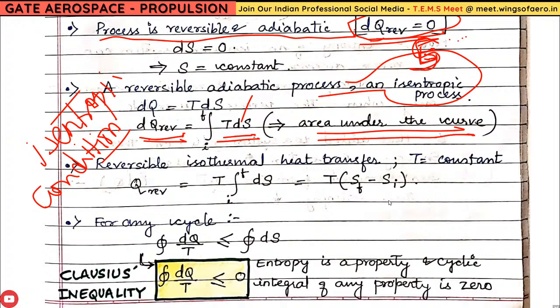So whenever we draw a graph between S versus T, sometimes instead of T, we can also draw it with respect to enthalpy. We can also draw a graph with enthalpy, because enthalpy and temperature are connected.